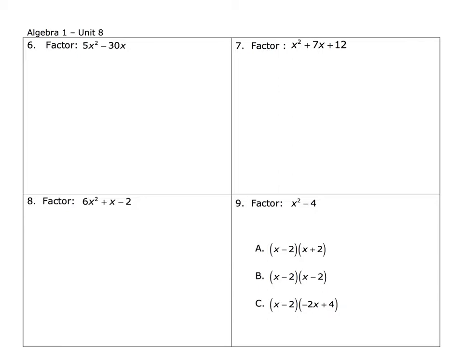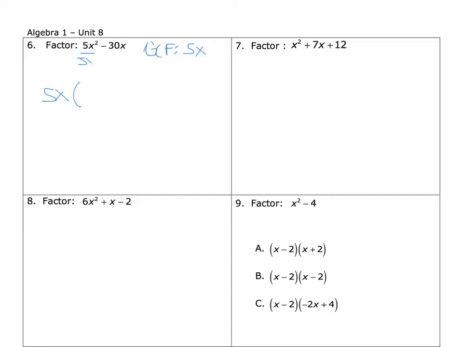So in the first problem, we've only got two terms here, and I notice that I've got a 5 and a 30. So my greatest common factor, both of those numbers can be divided by 5. And they also both have x. They don't both have x squared, so we can't use that. So that goes out here in the front, and we figure out what's left over.